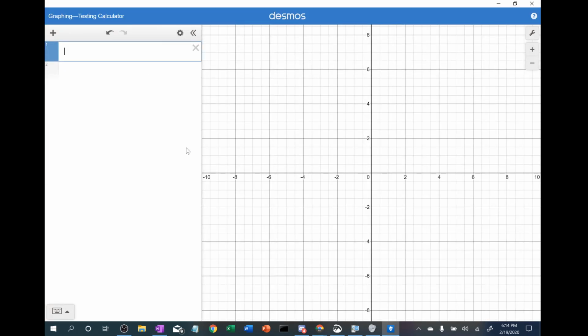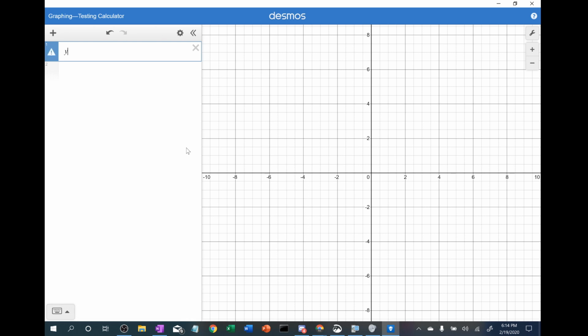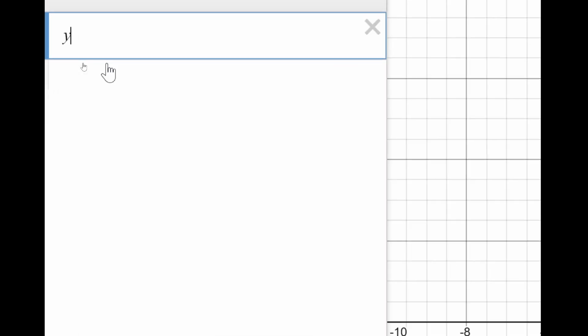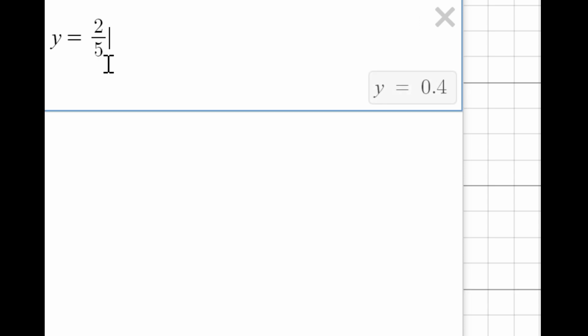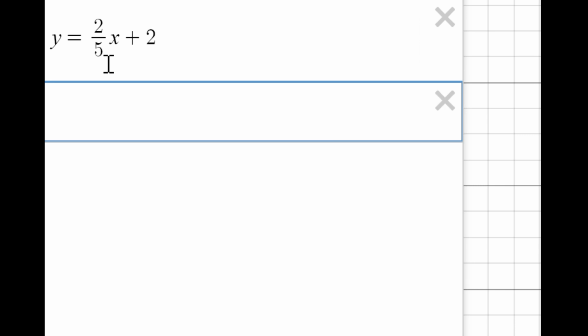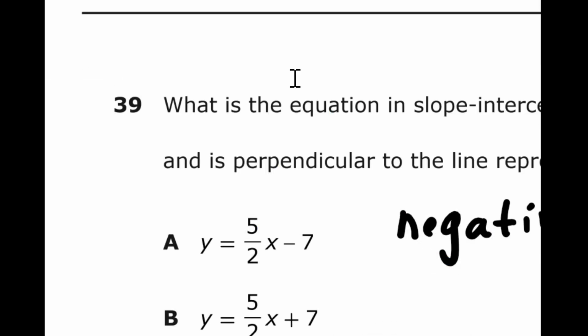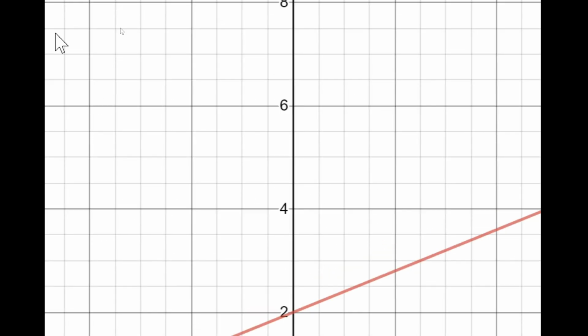Okay, so we're going to take the equation we're given, y equals 2/5 x plus 2. Just type it in. And we're typing up here, guys. Y equals 2/5 x plus 2. Okay, now we plot the point that we're given. We're given point 2 comma -2.